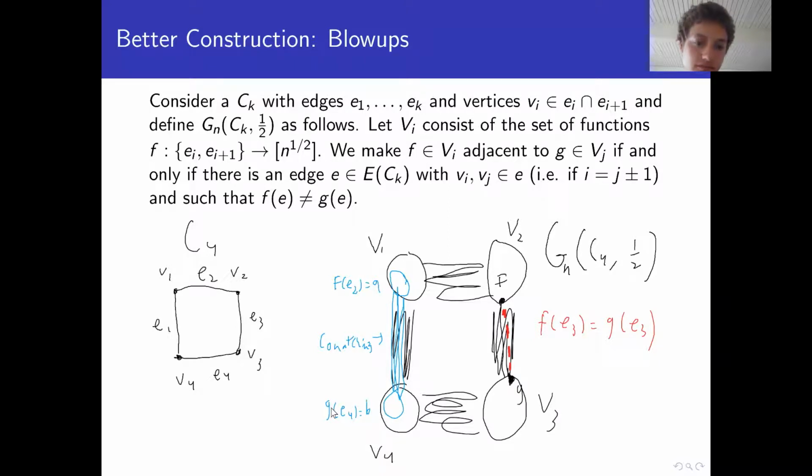And similarly, the g guys down here are determined by exactly what they send E1 to. And so basically we have some bipartite graph which has n to the 1/2 vertices here, n to the 1/2 vertices here, and moreover the vertex sets are indexed by integers from 1 to square root n. And 2 vertices will be non-adjacent to each other if and only if they have the same index, i.e. if they send E1 to the same value.